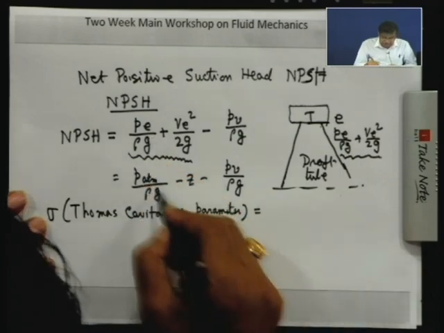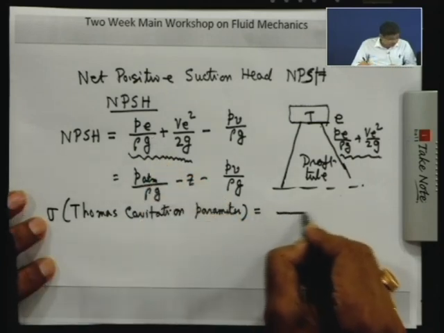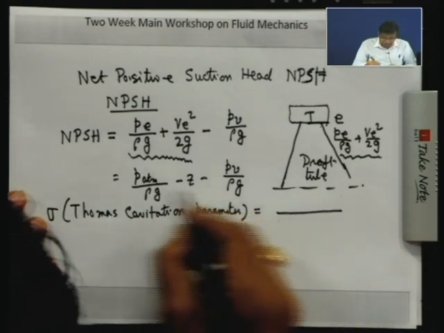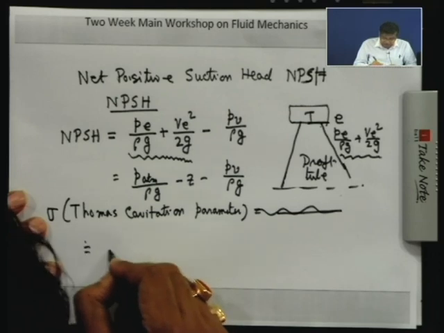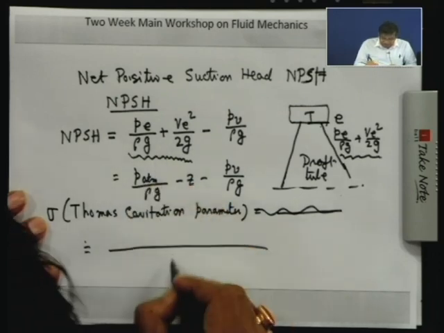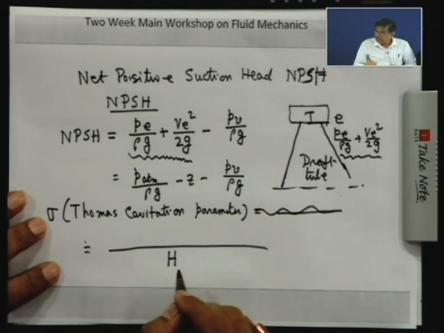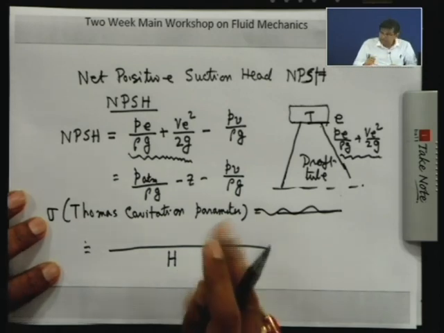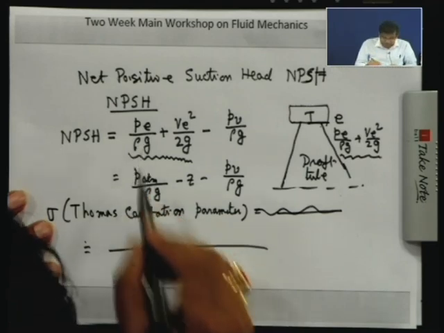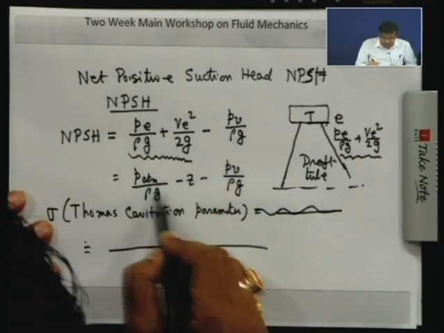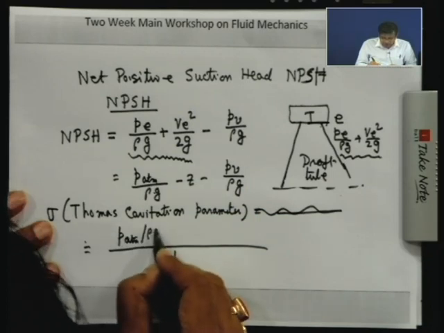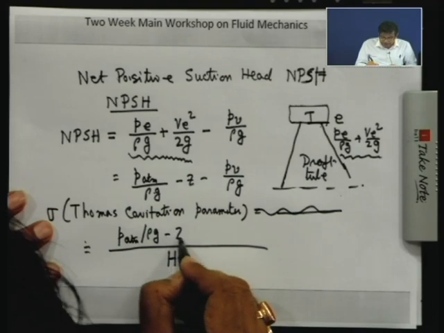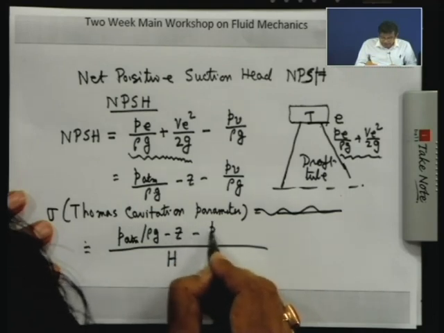This is the NPSH divided by the head H, the head of the turbine, that is, the head available at the turbine. This NPSH you can write in this fashion also: P atmospheric by rho g minus Z minus PV by rho g.